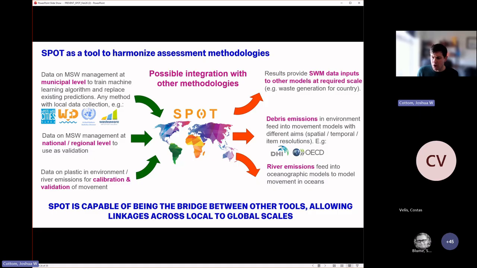And we can also feed the river emission outputs from Spot into oceanographic models to understand how this plastic is moving within the oceans. So Spot is a tool that we think is capable of really acting as a bridge between some of these other methodologies that are out there.